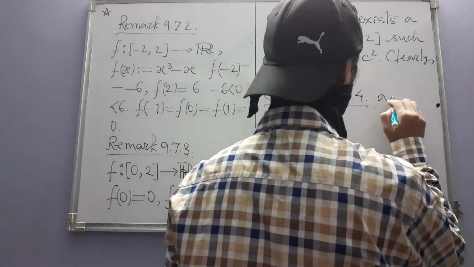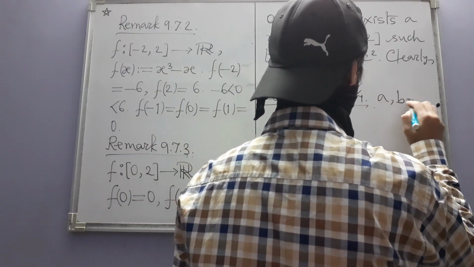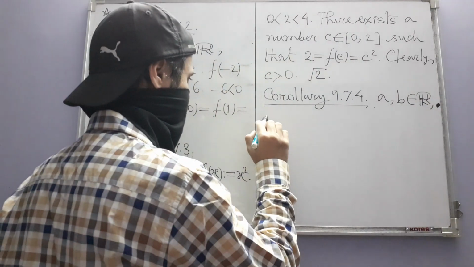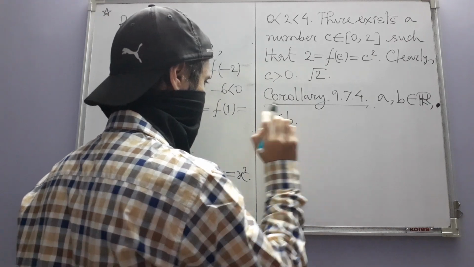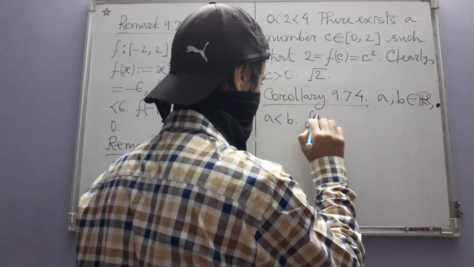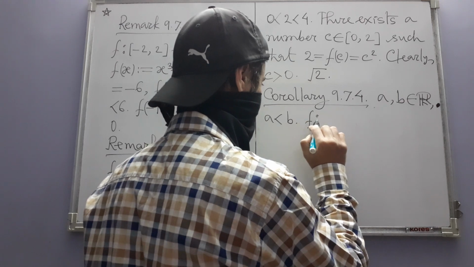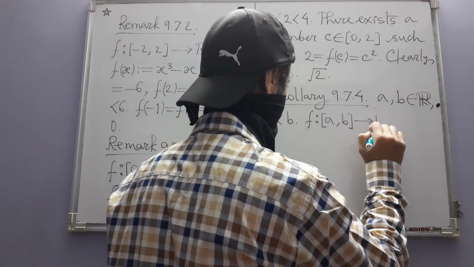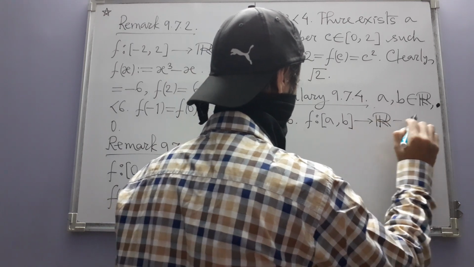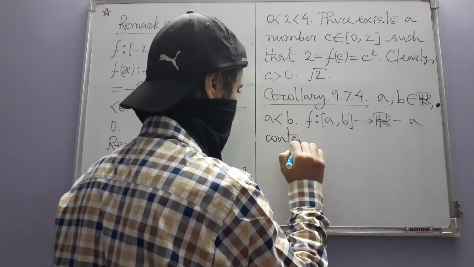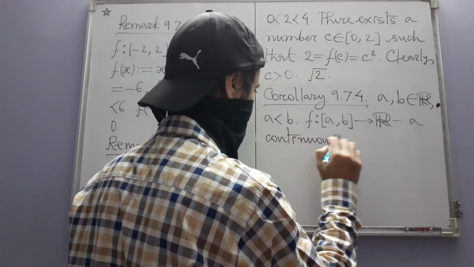That is, a and b are two real numbers such that a is less than b, and f from a comma b to R be a continuous function.